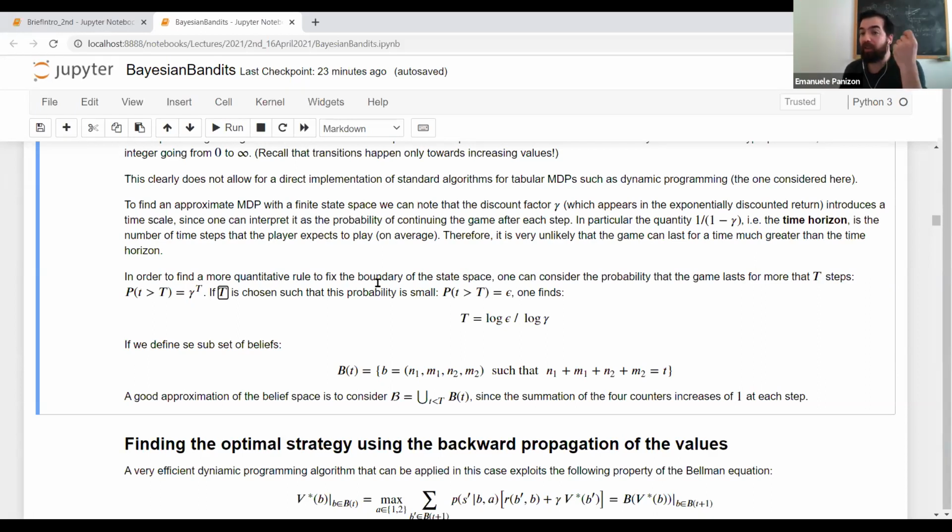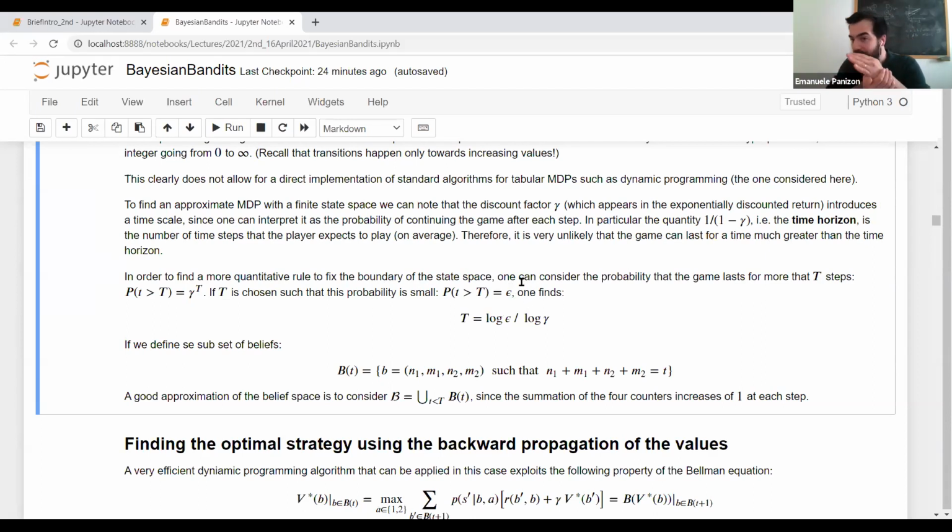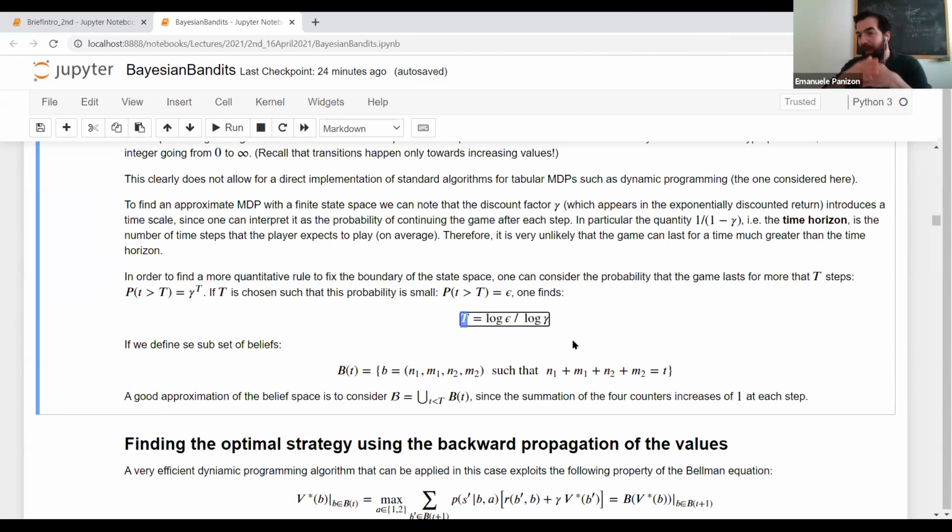I say I don't care, with a tolerance of epsilon. If I decide on some epsilon, which is my tolerance, and I don't care about anything smaller than that, I can choose a boundary length t such that epsilon equals gamma to the t, so t equals log epsilon divided by log gamma.